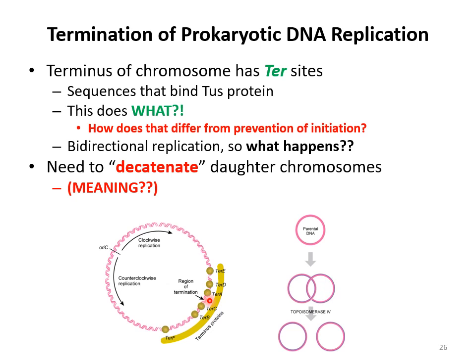Now, the way Ter-Tus ends up blocking or allowing for termination is that these Tus proteins, when you think of this region basically, it's one directional. Picture that at these Ter-Tus sites, this side is an entrance, this is an exit. Entrance, exit, entrance, exit.